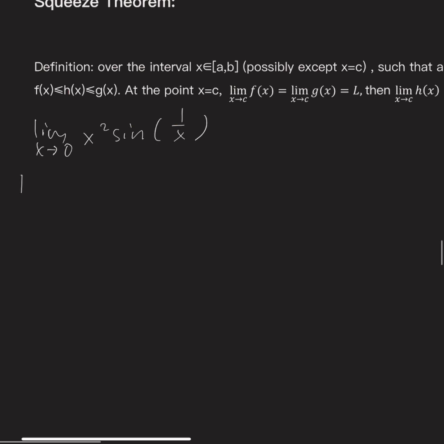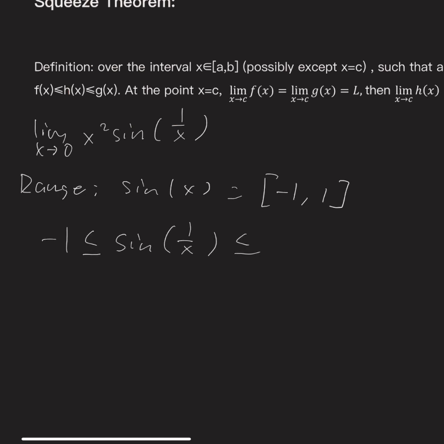What do we know about the range of sine of x? Sine of x is between -1 and 1. So we know that -1 is less than or equal to sine of 1 over x, which is less than or equal to 1. We multiply x squared by both sides. Negative x squared is less than or equal to x squared sine of 1 over x, which is less than or equal to x squared.